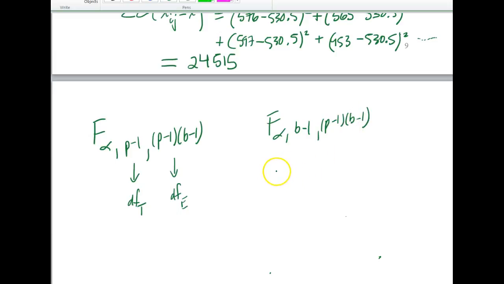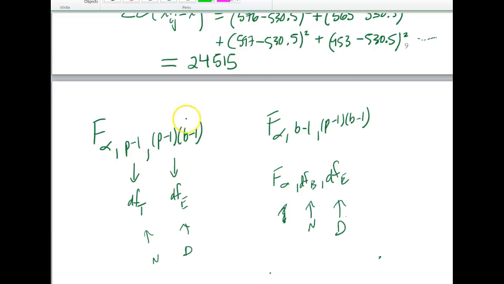So this is going to be F of alpha, the degrees of freedom of the block, and the degrees of freedom of the error. This is the numerator, this is the denominator, and similarly numerator, denominator.